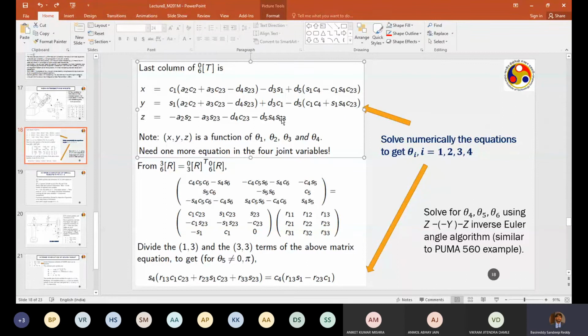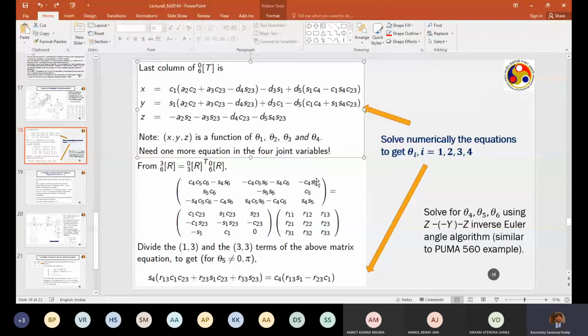So you can get that from this expression here, what we did for the intersecting wrist case, where we wrote the rotation matrix of 6 with respect to 3 as 3 with respect to 0 transpose multiplied by 6 with respect to 0. So here when you divide the 1, 3 and the 3, 3 terms, right?